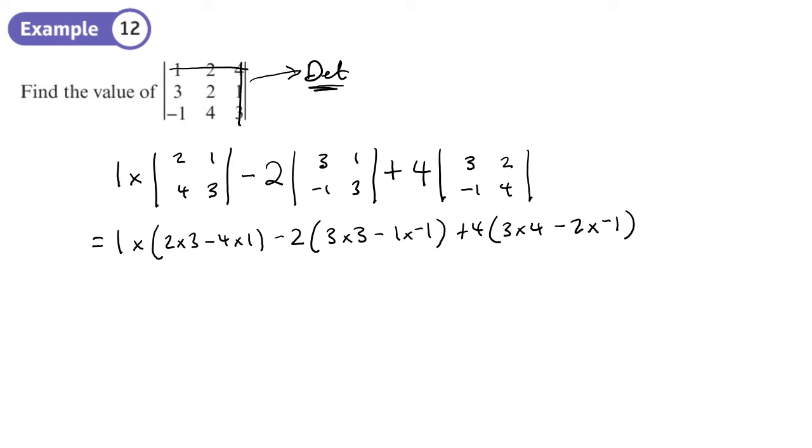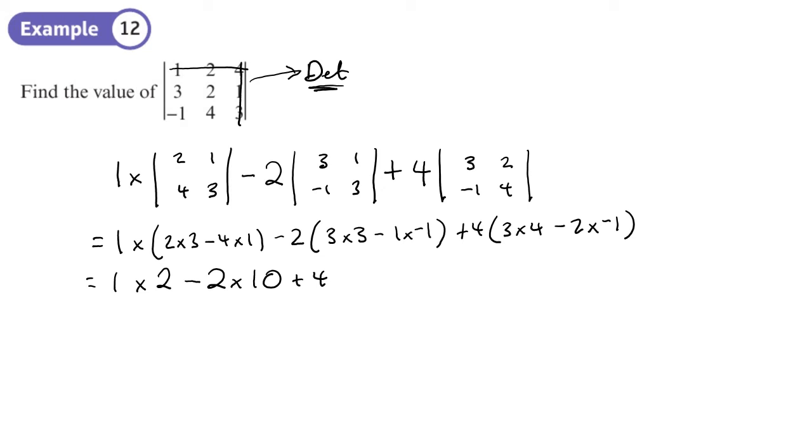So let's work that out. So it's going to be 1 times 6 minus 4, which is 2. Next one, minus 2 times 9 plus 1, which is basically 10, plus 4 times, so that's going to be 12, plus 2, which is 14.